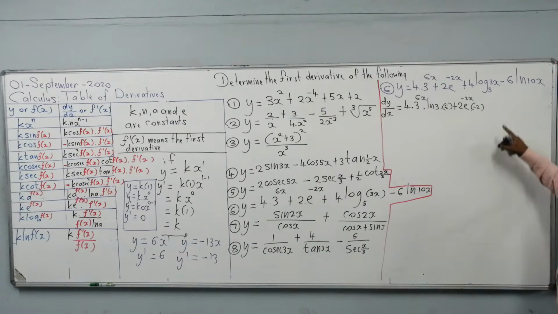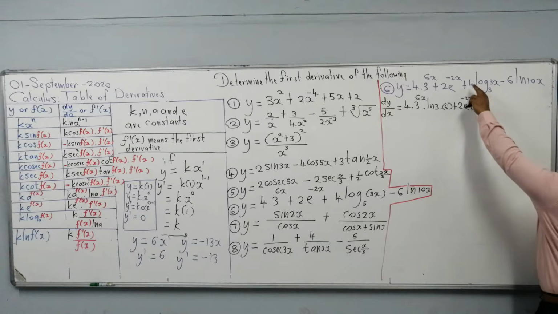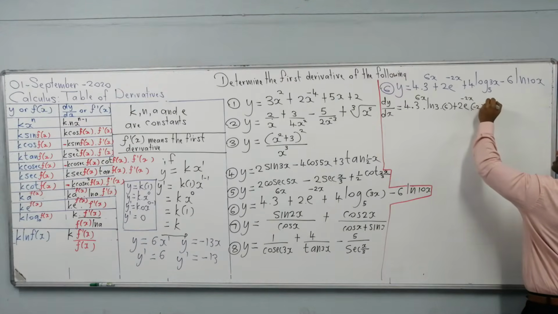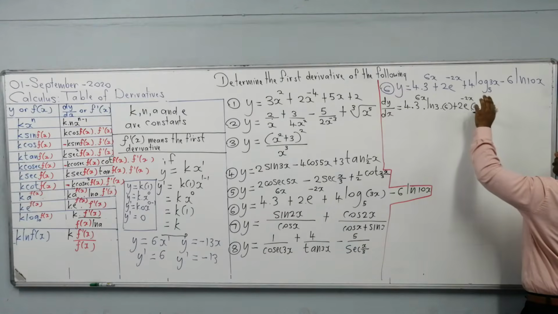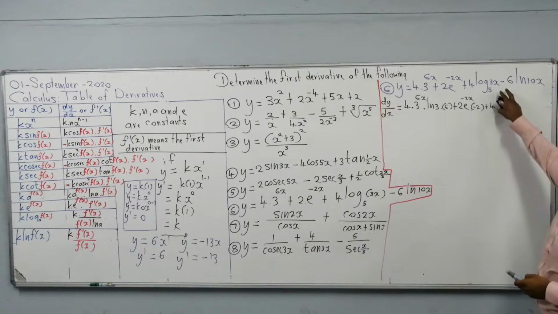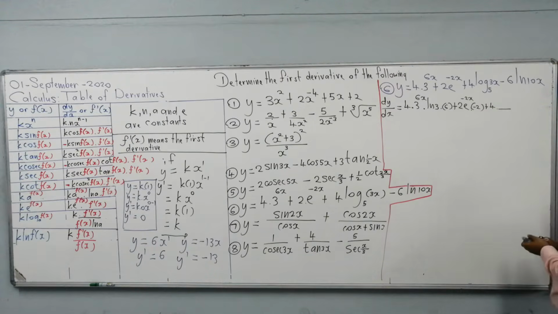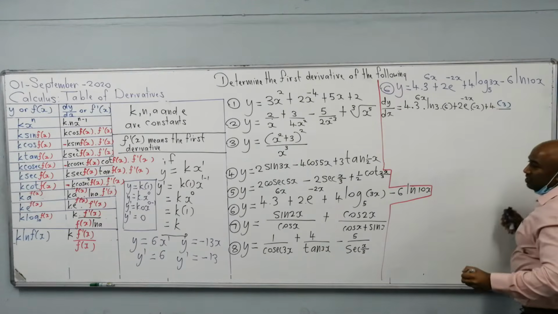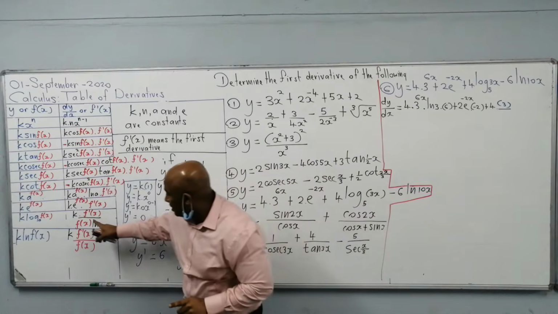Right, so here, this one, this is k log f of x to the base a. So the rule is, you got your 4 times, now this is going to be a fraction. Okay, so the derivative there, this is f of x, so the derivative is f prime x, which is 3. As you can see, there's a jump.